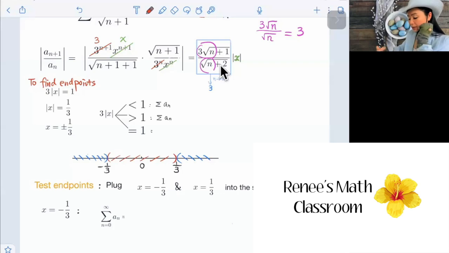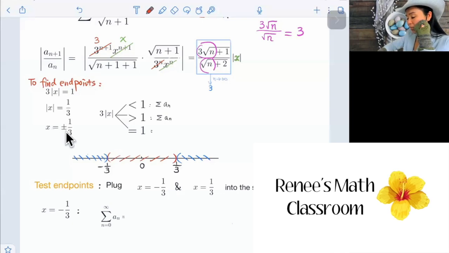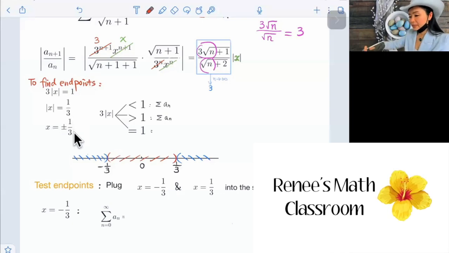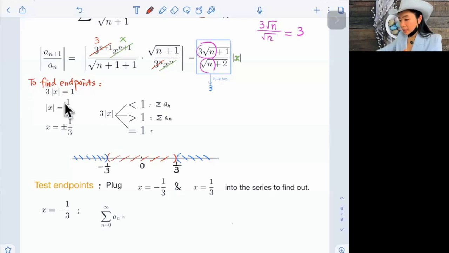So we're going to set that equal to 1. To solve this, you divide both sides by 3, and the absolute value of x is equal to 1 over 3. So x is plus or minus 1 over 3, right?